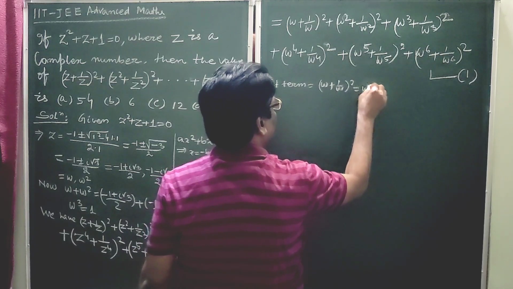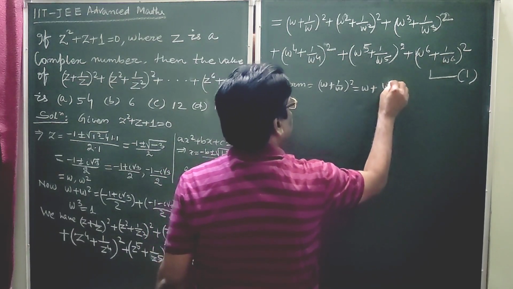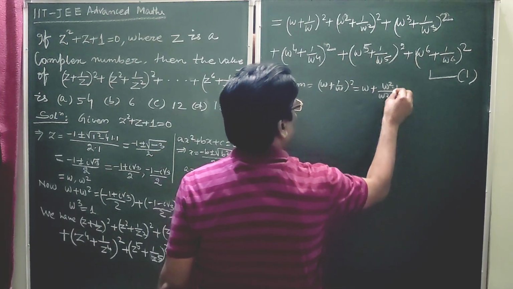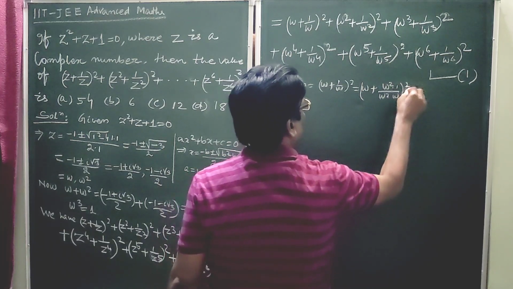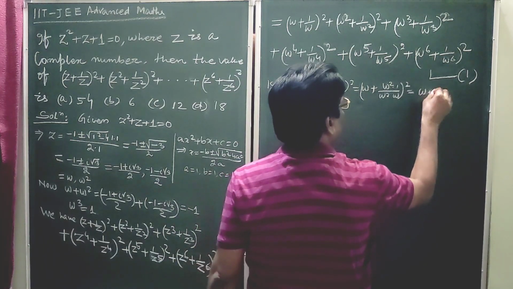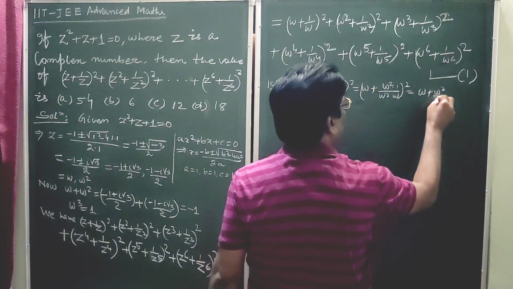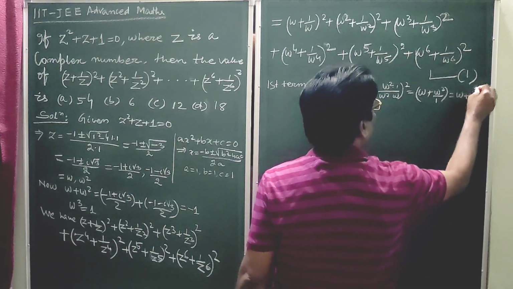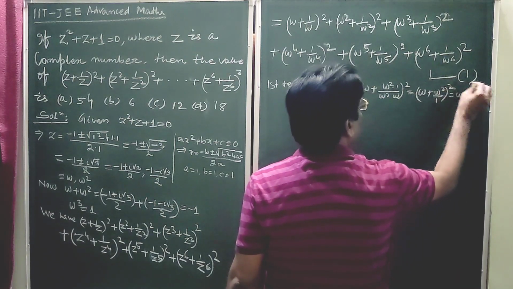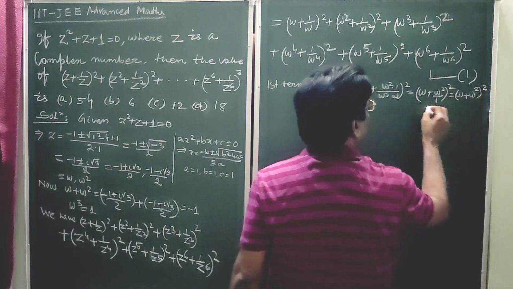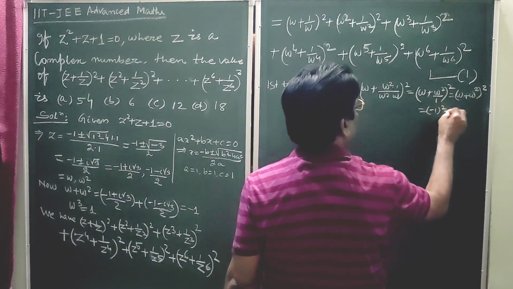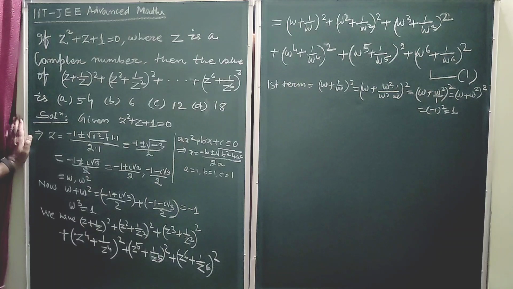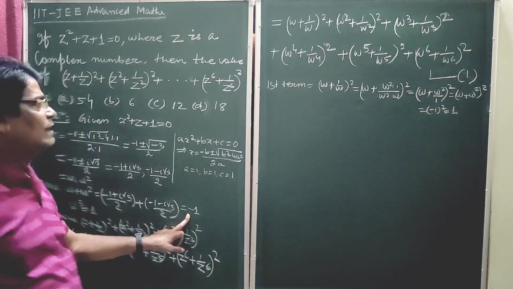This is equals to (omega multiplying omega square into 1 by omega square into omega) whole square, which is (omega plus omega square) whole square, and this is (minus 1) whole square is equal to 1, because omega plus omega square is equal to minus 1.